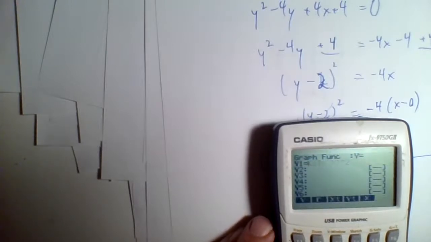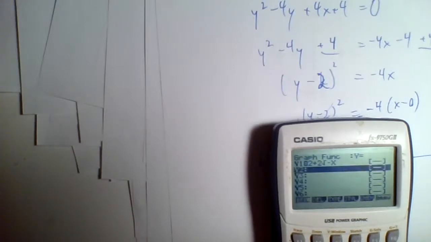Two pieces: 2 plus 2 square root of negative x, and 2 minus 2 square root of negative x.